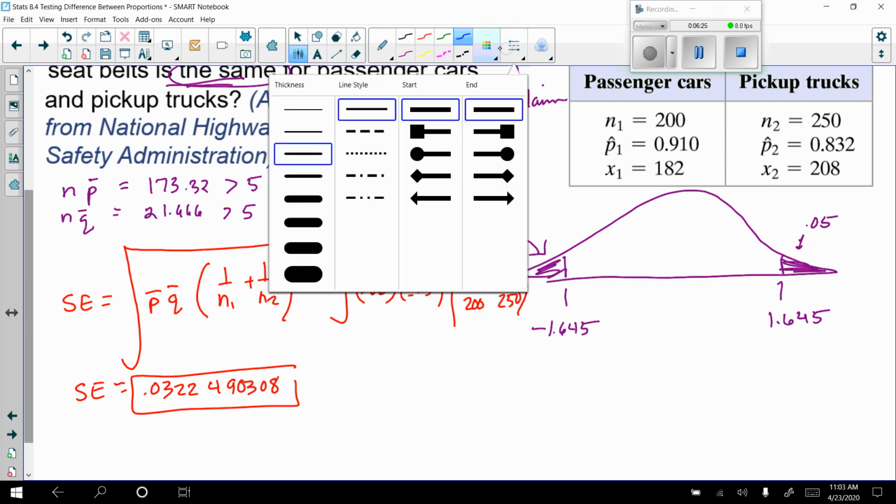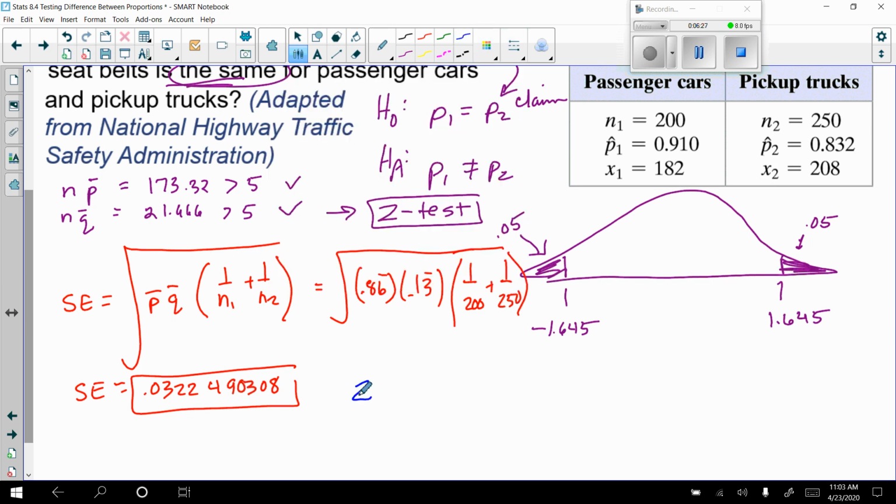From there, we can find our z value, which is going to be our sample proportions subtracted, minus our population proportions, which we expect to be 0, divided by our standard error.